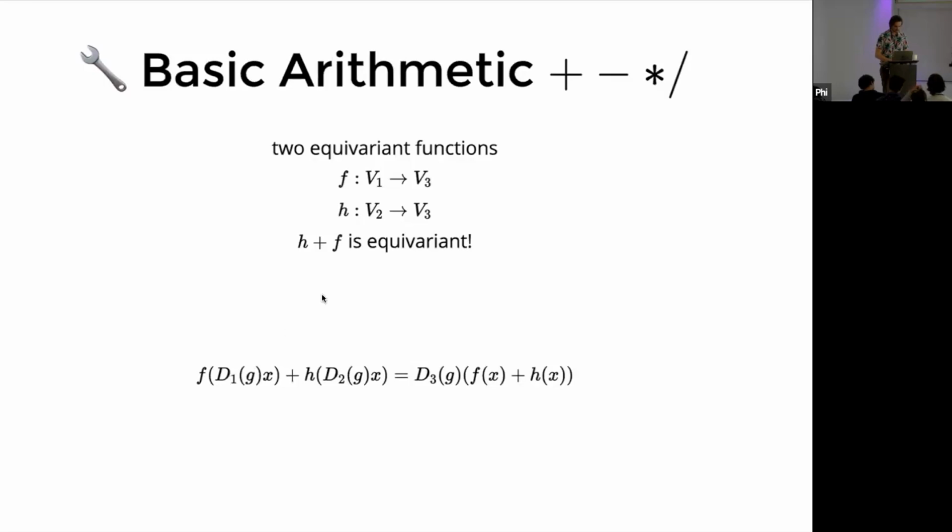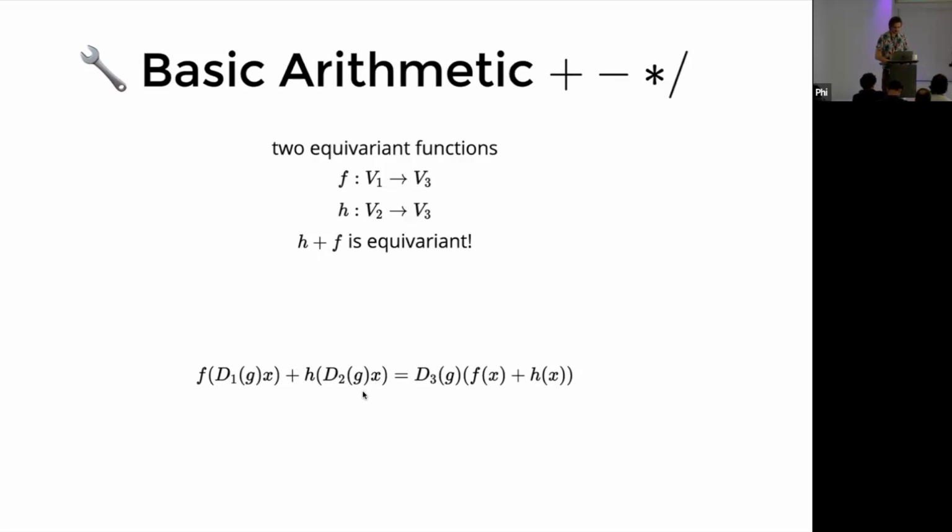And now if we have basic arithmetic, we can make basic equivariant operations. We can do everything. Because with basic arithmetic, we can make basic functions, and then we can compose basic functions, and we can make literally any equivariant function we want. The first thing to observe is that if you have two functions that are equivariant and you sum them, it's still equivariant.